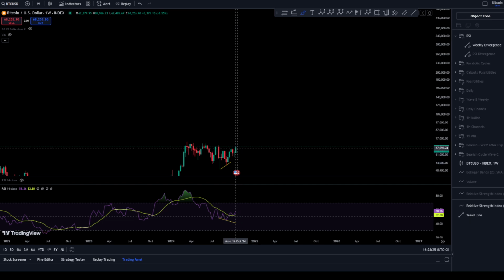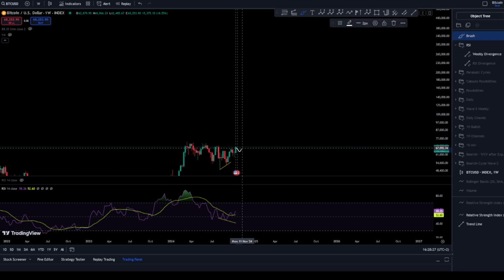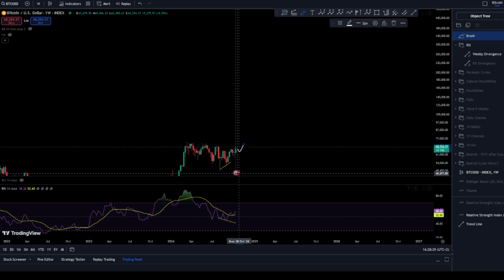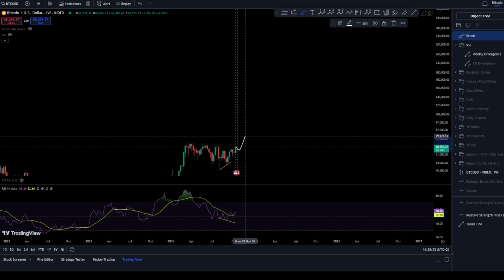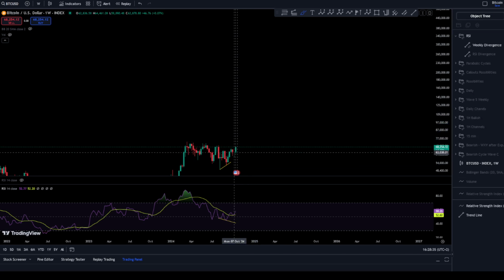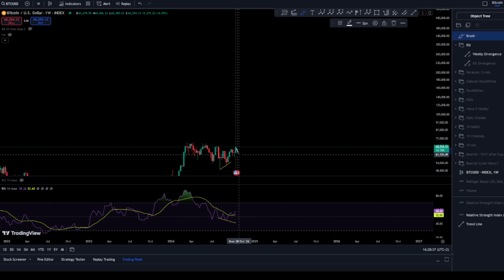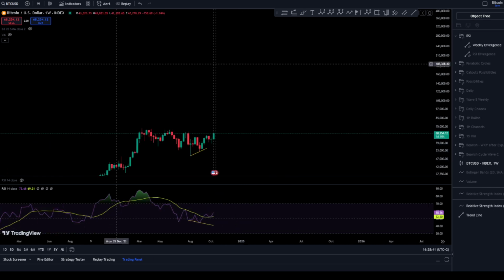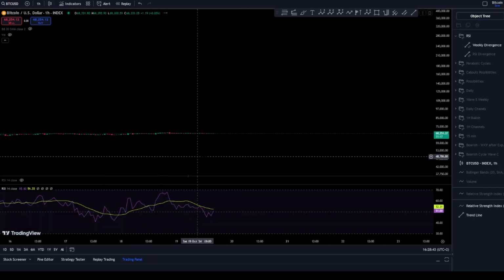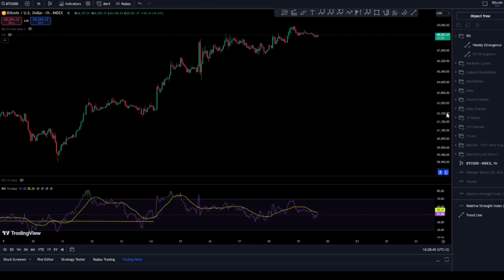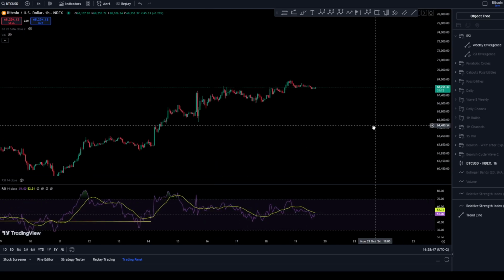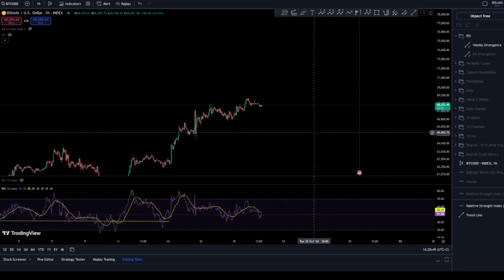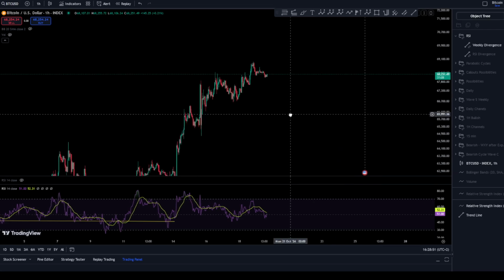And by all means, here on the weekly, we might see a small drop for a small wave 2, and then continuation towards the upside. This is a little bit higher possibility based on the RSI here, where we can also see on the 1-hour chart that this correction is not really a deep one starting.